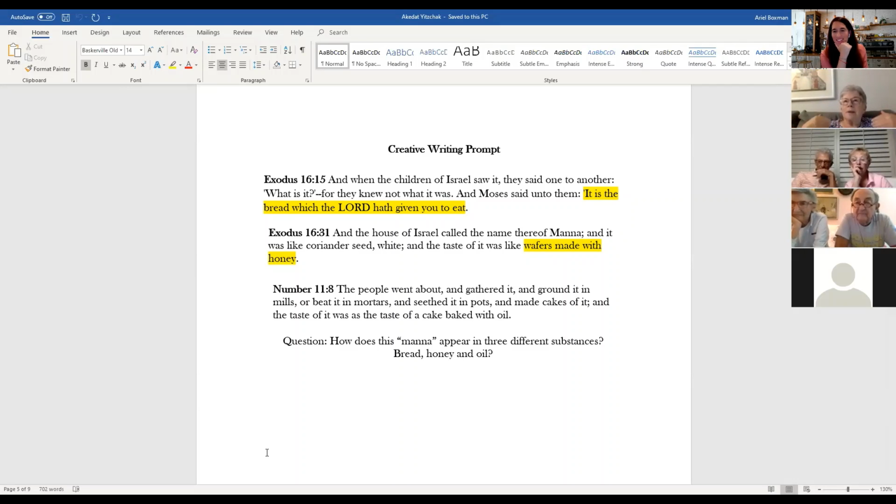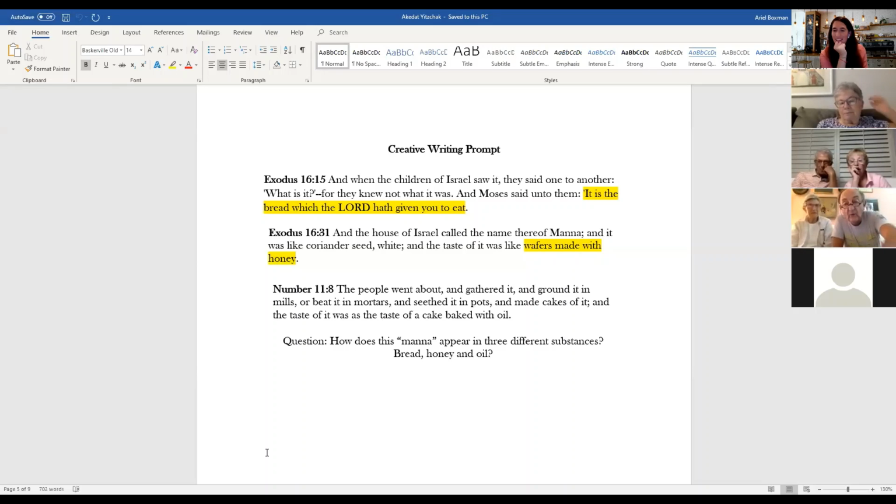It seems that it would have to appeal to the children, the sweets after you finish eating the substance. And then the oil is a richness. These are things that you have to have in your body to continue to live, I guess. I looked at the oil almost as a cooking ingredient.